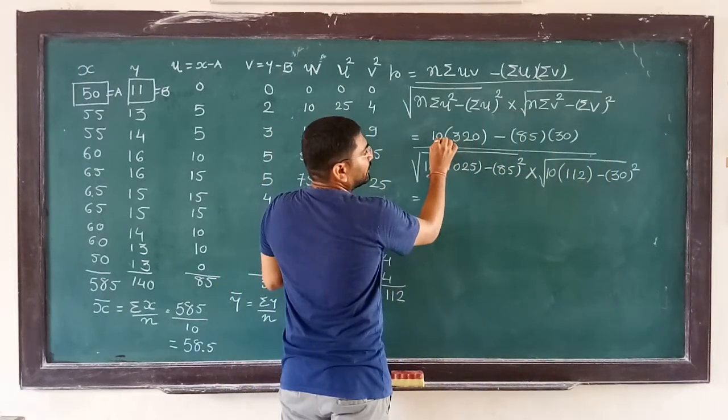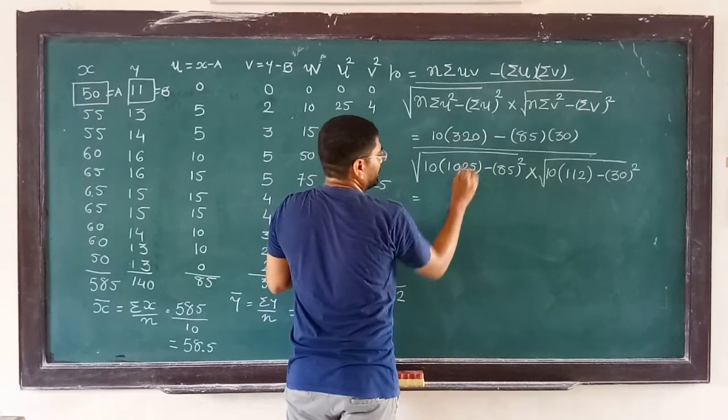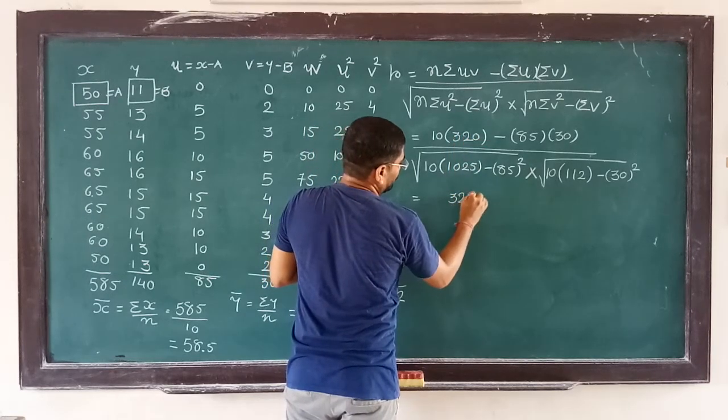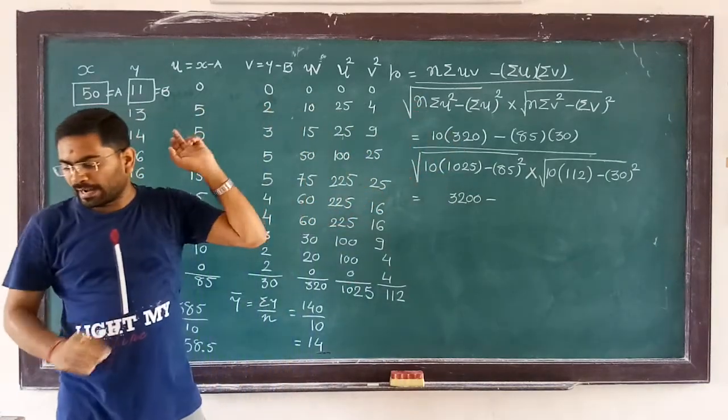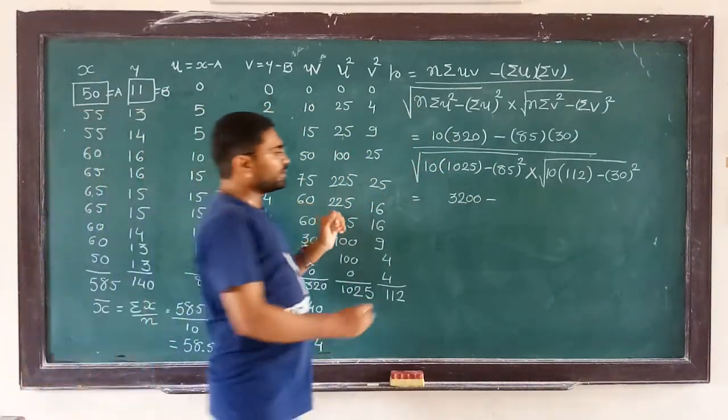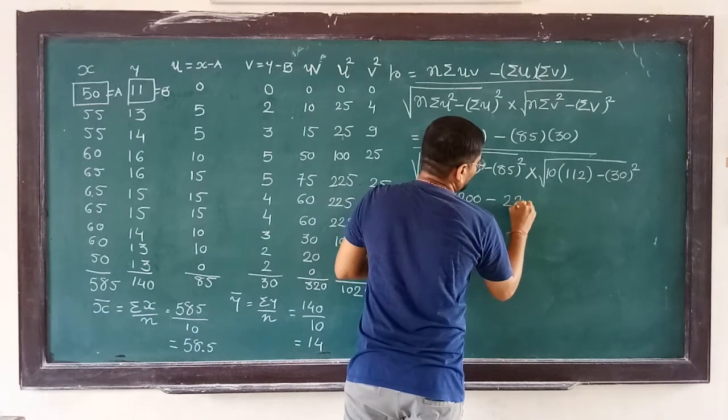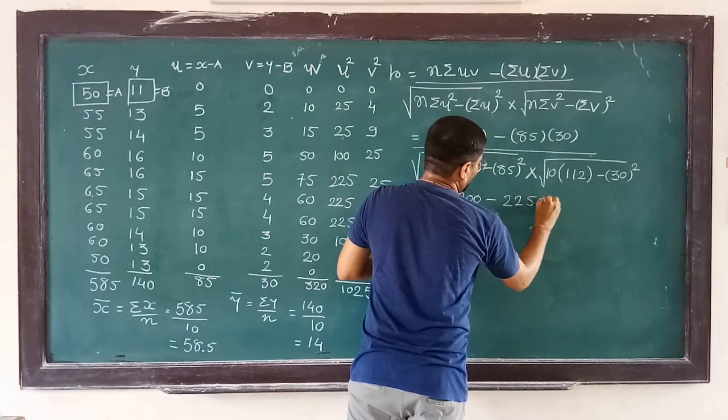Now 10 multiplied by 320 is equal to 3200, minus 85 multiplied by 30, which is 2550.